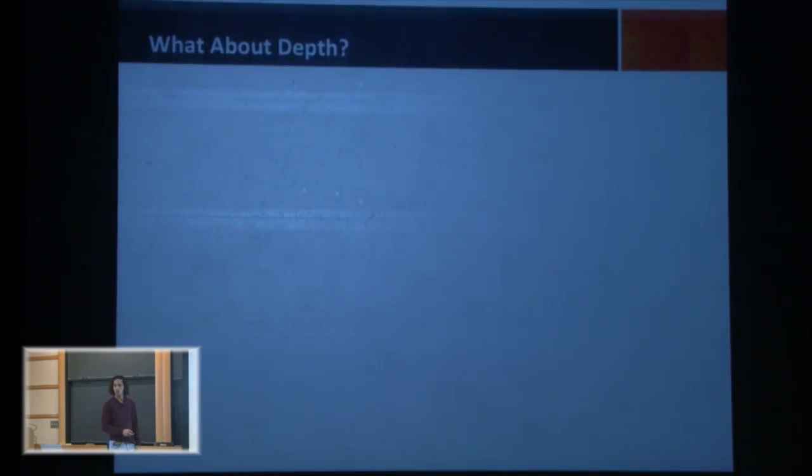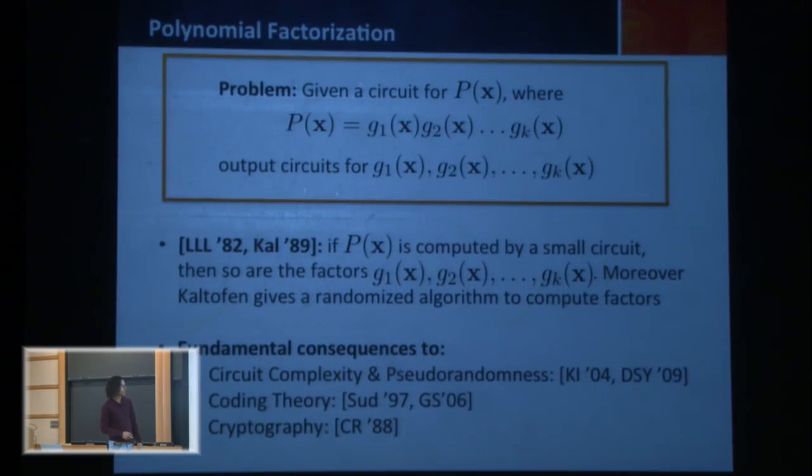So this is the randomized algorithm for factorization? Right, yeah. No, they're 2 different ones, very different. Lenstra-Lovász is deterministic and works over the rationals, and uses lattices. Kaltofen works over any large field.